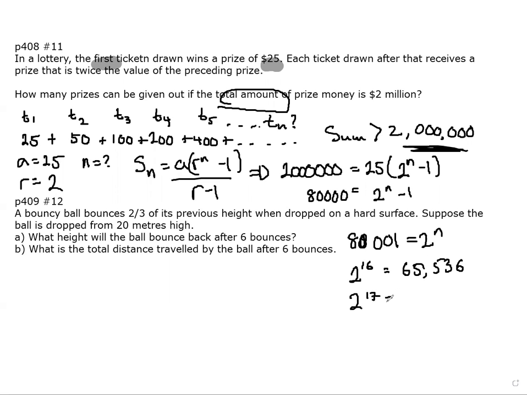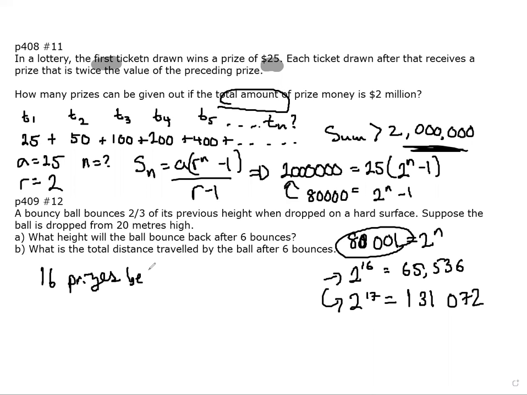If you try 17, it should be 131,072. So essentially, if I go from an n value of 16 to 17, I grow past 80,000, which means I would grow past 2 million. And so we would be able to give out 16 prizes before we run out of money.